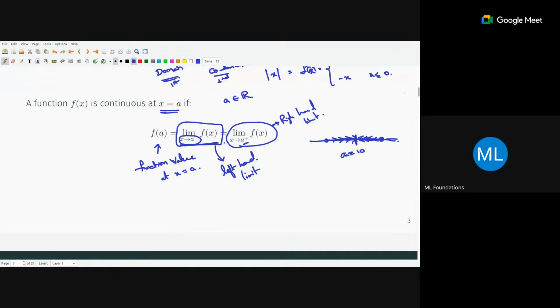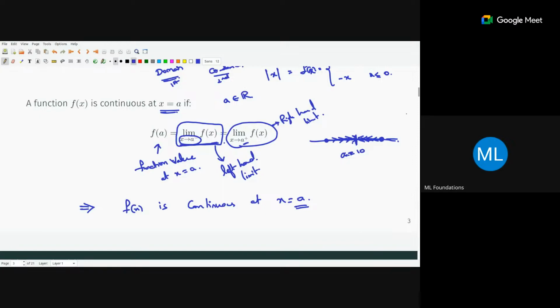If you want to check whether any function is continuous at the point x equals a, you have to check that the function value at x equals a is equal to the left hand limit, and that should be equal to the right hand limit. If this is true, we conclude f of x is continuous at x equals a. This is at a single point.